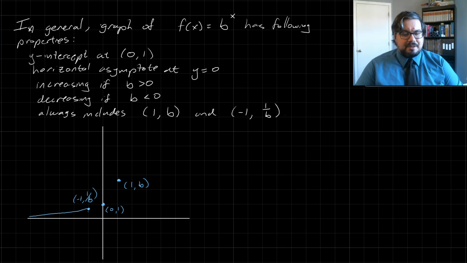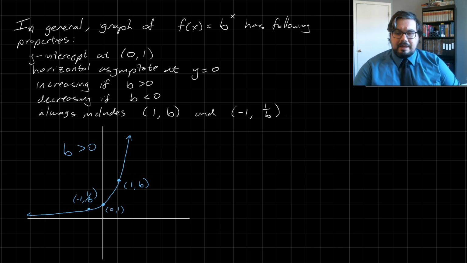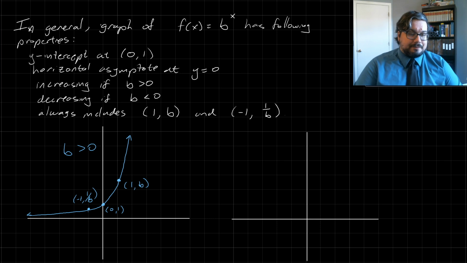And this is what the graph of the exponential function looks like when b is greater than 1. B is always greater than 0. This applies when b is greater than 1.